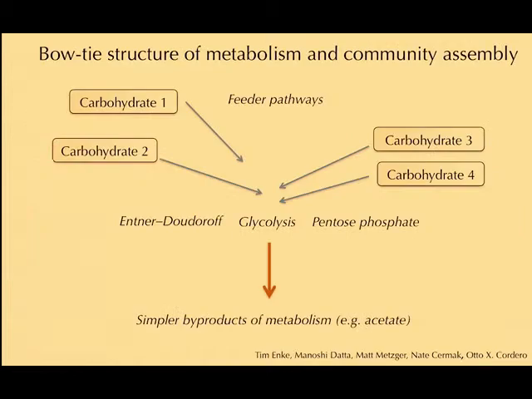And the way I interpret this is basically the community dynamics is sort of enslaved by the dynamics of metabolism, or by the structure of metabolic networks, I should say rather, where you have a lot of diversity on the periphery of the network. You can plug in a lot of different things. You can produce a lot of different enzymes to degrade different substrates, but eventually everything turns into simple small sugars that funnel down to glycolysis, the EED pathway, or the pentose phosphate.